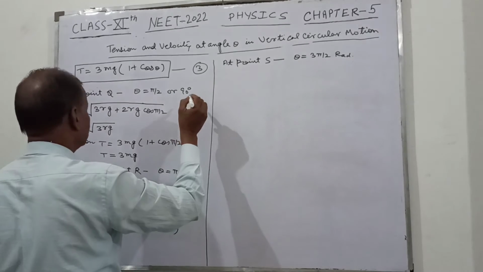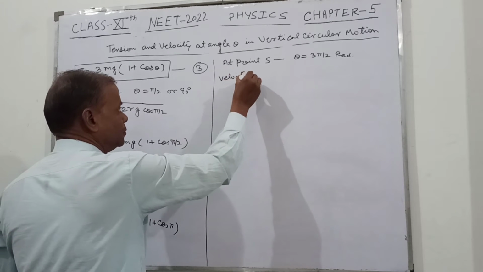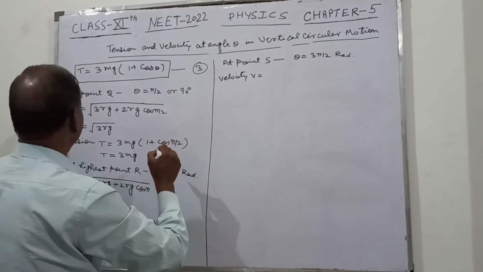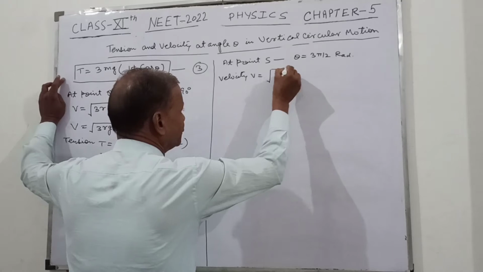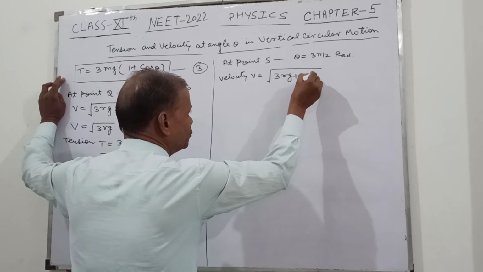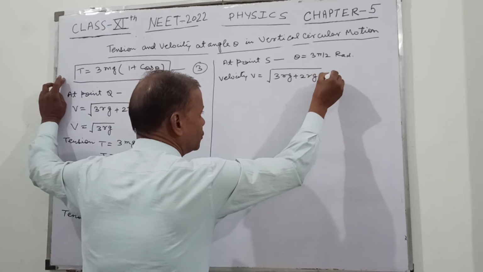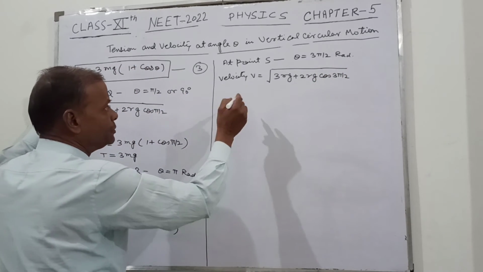So what will we have? The velocity V is equal to square root of 3 Rg plus 2 Rg cos 3 pi by 2, and cos 3 pi by 2 is equal to 0.